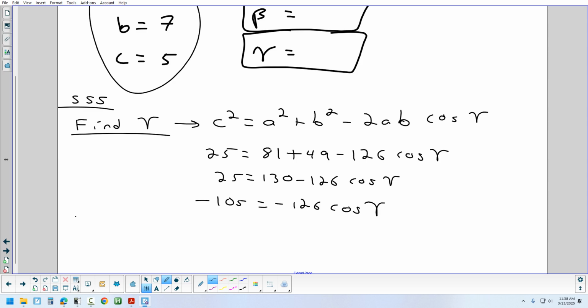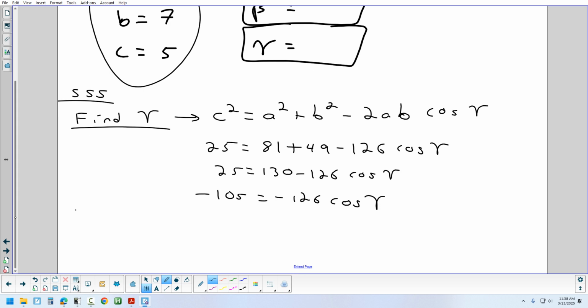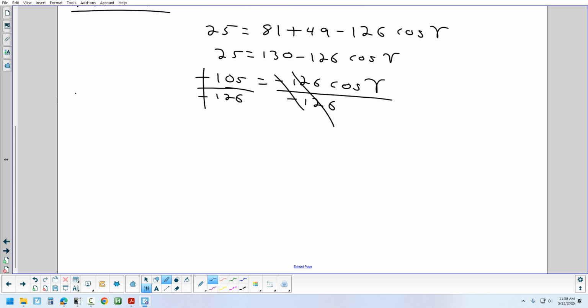That's not a problem. Okay, second to last step. Divide each side by negative 126. Negatives are gone. 126 is gone. Don't do 105 over 126 out. Just leave that as an exact fraction.